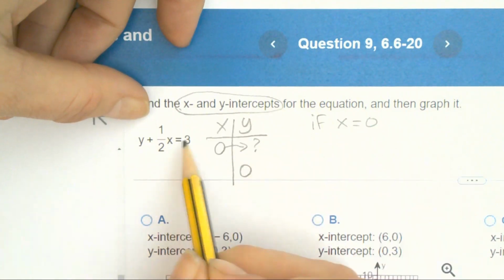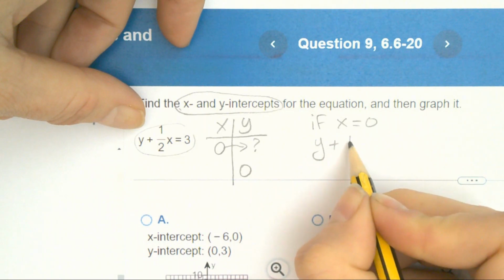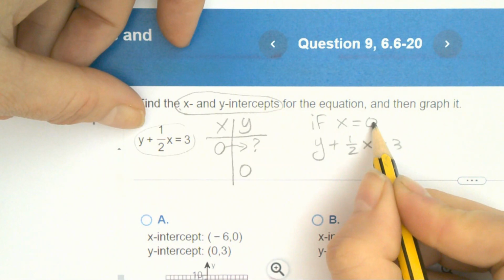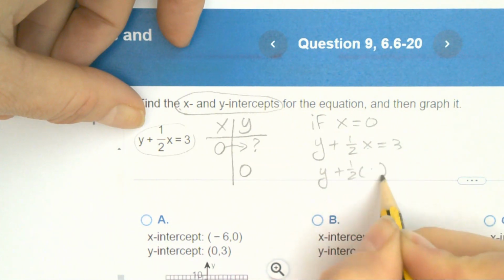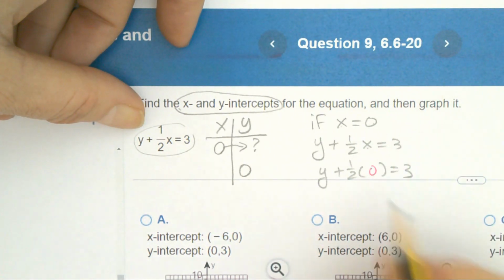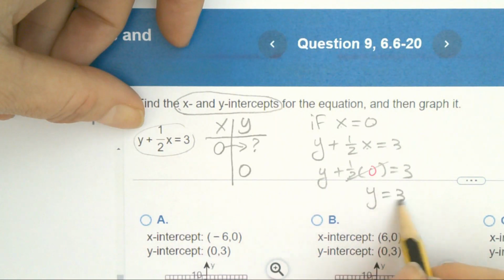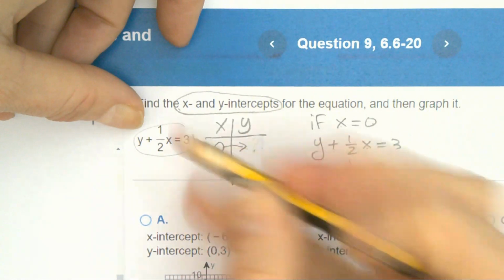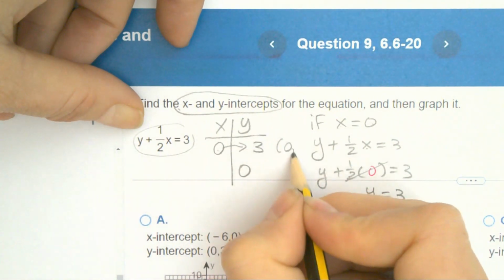And we have to use this equation, y plus a half x equals 3. Instead of x, we're going to use 0, so put the brackets here. So instead of x, I'm going to put a 0. What's a half times 0? 0, so that's y equals 3. So when x is 0, y is 3. Okay, so my first point is 0, 3.